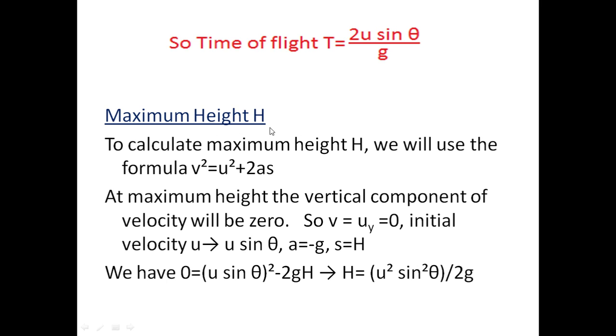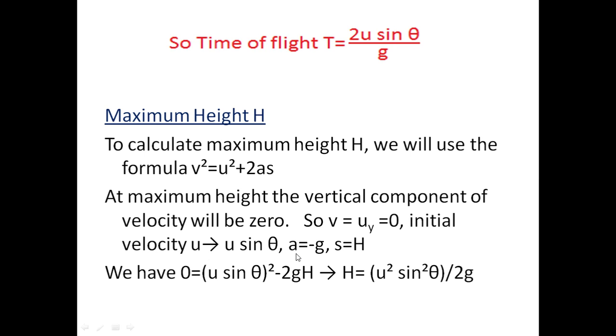Now maximum height h. To calculate maximum height h, we will use the formula v square equal to u square plus 2as. At maximum height, the vertical component of velocity will be 0. So final velocity v equal to uy equal to 0. Initial velocity u is u sin theta.